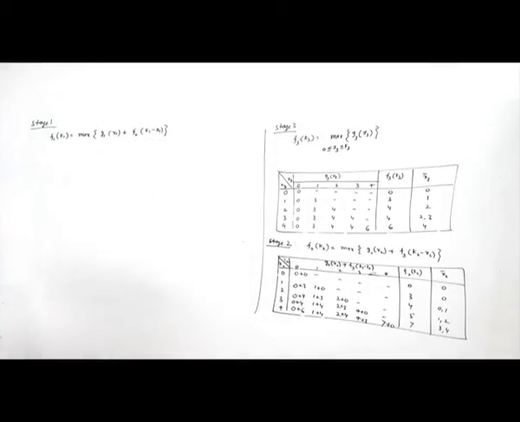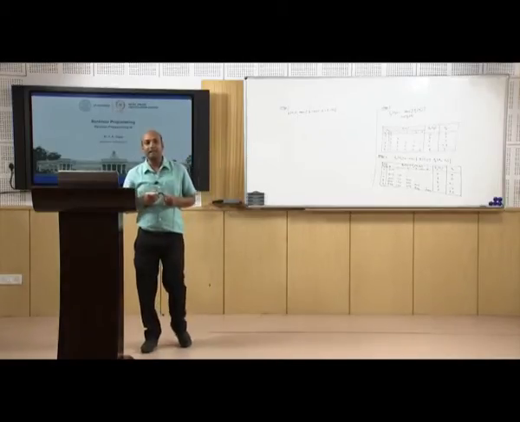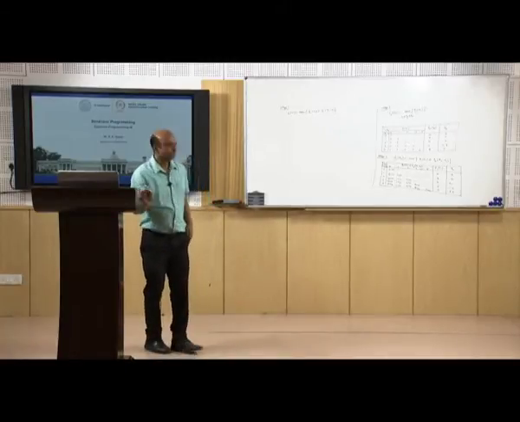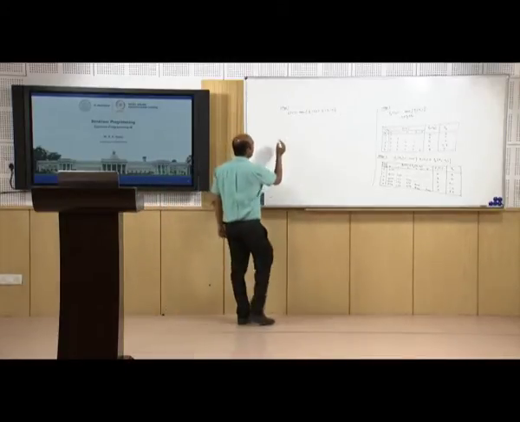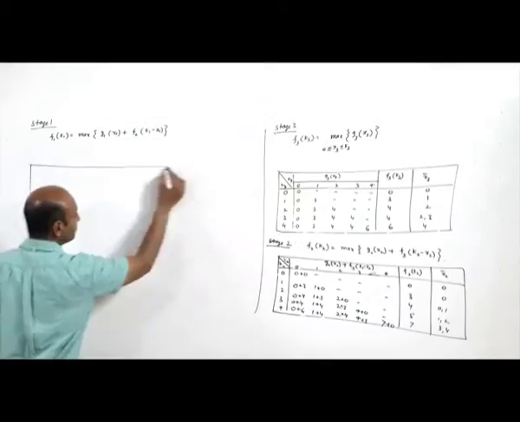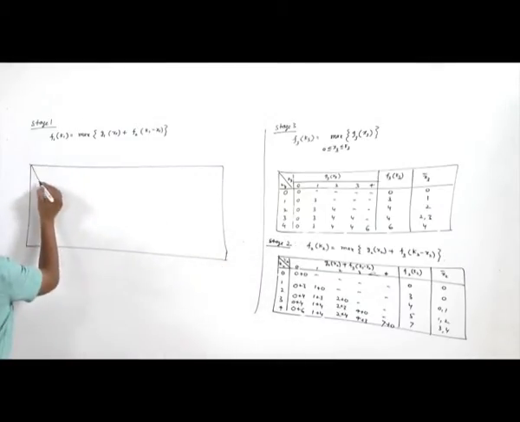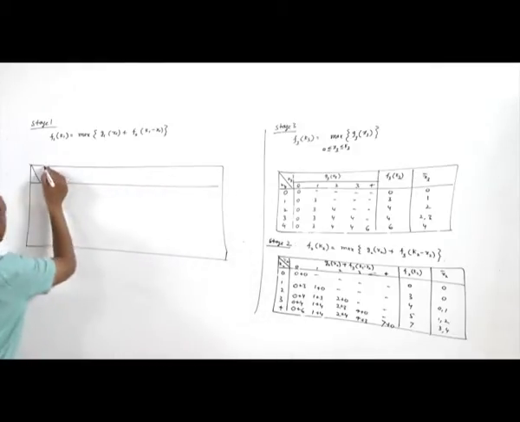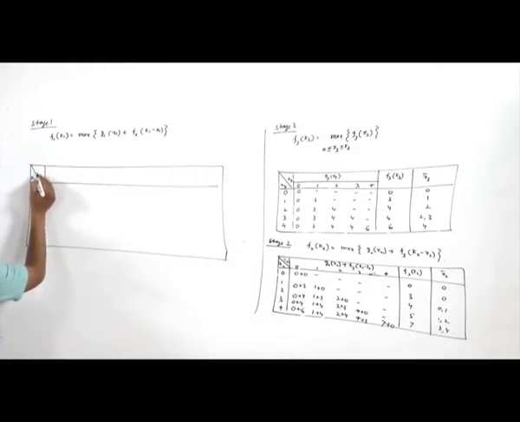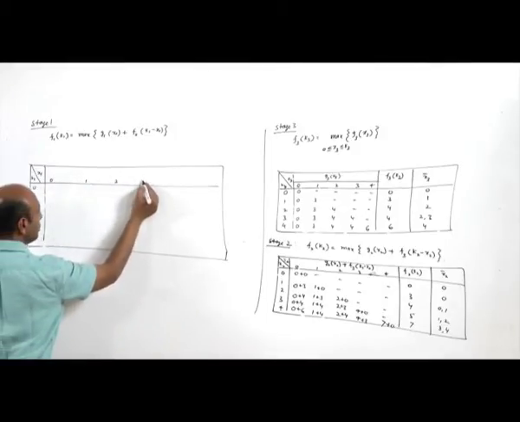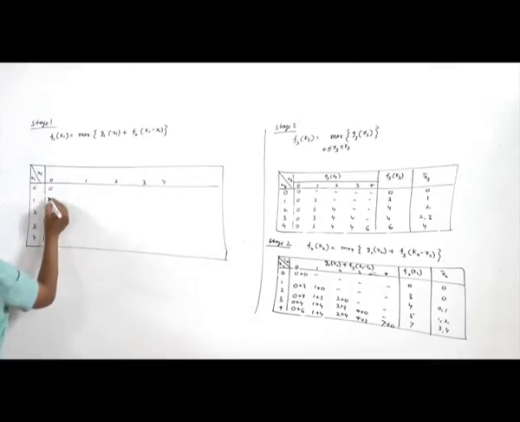Whatever available up to that stage minus X1 will give C and A, that is up to stage 2. This is the last stage, it is K1 and X1, 0, 1, 2, 3, 4, and at 0 all values are 0.